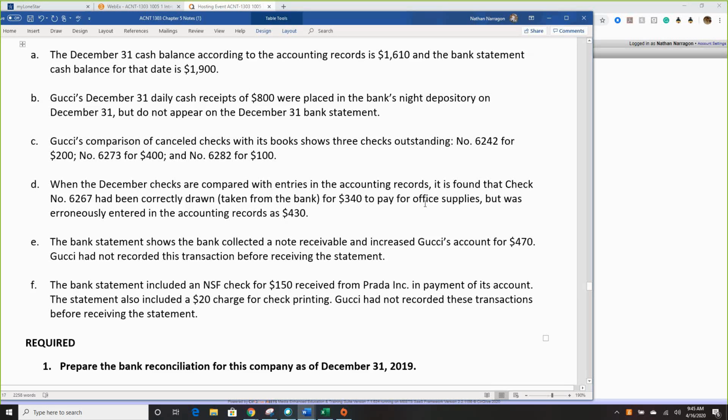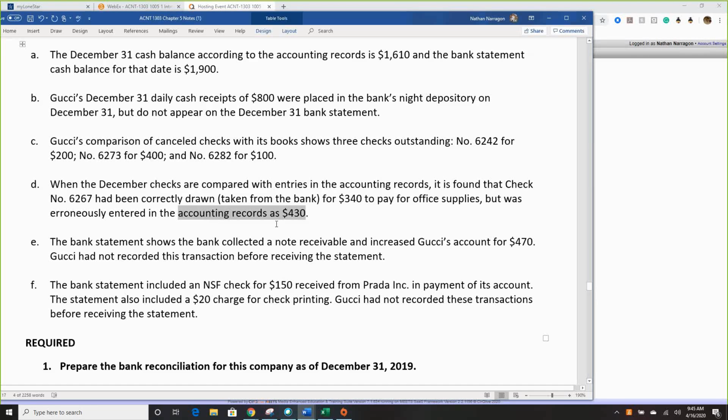Well, this is a check. Remember, checks are always negatively affecting cash. It's showing that we withdrew more, so basically we have overdrawn our cash more than what it should be.